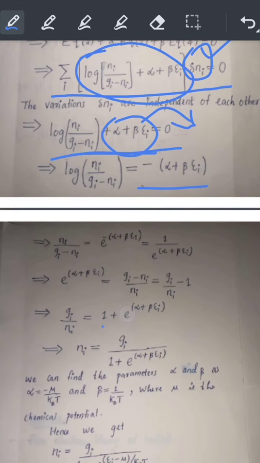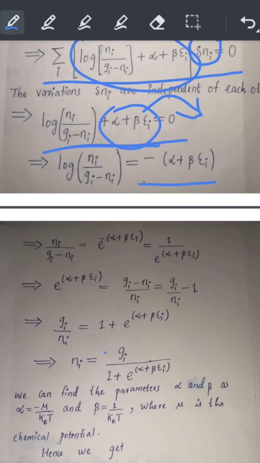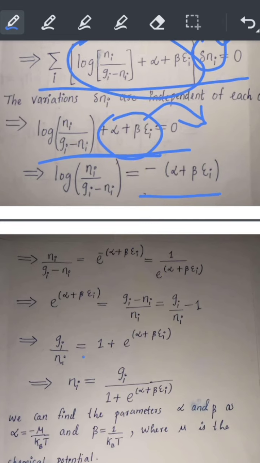And if you take the exponential on both sides, you already know that the logarithm cancels with the exponential. So you get ni over gi minus ni is equal to e to the power minus alpha plus beta ei, and this is actually equal to 1 over e to the power alpha plus beta ei, that is, x raised to minus 1 equals 1 by x. So you get this equation.